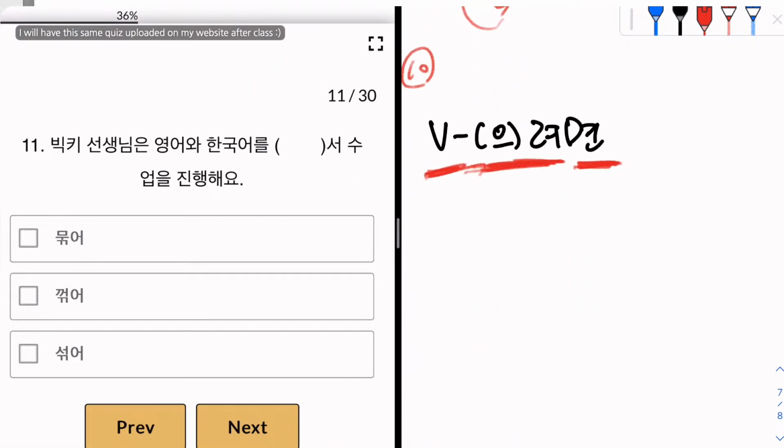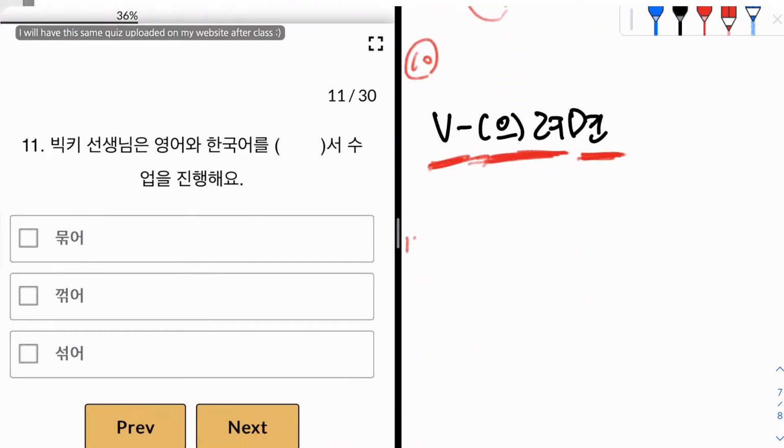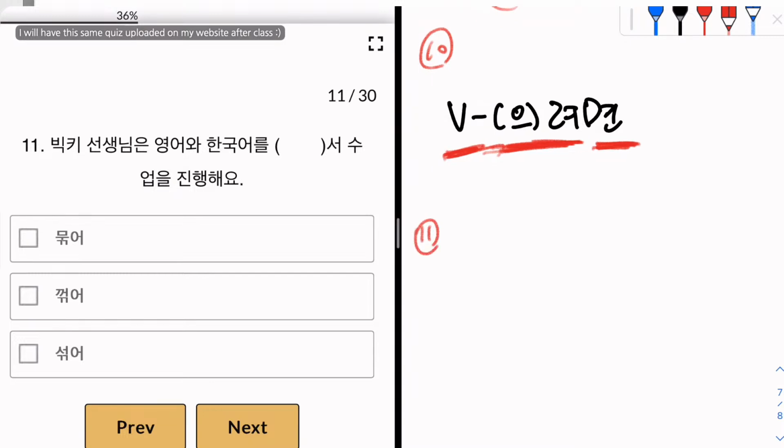좋아요. 그 다음에 let's move on to number 11. Number 11. 나는 비키 선생님은, so 비키 선생님, Vicky teacher, it's me. 비키 선생님은 영어 means English, 영어 and 한국어, Korean을 blank 서 수업을 진행해요. So 수업 means a class, 수업을 하다 means to do a class as a teacher.